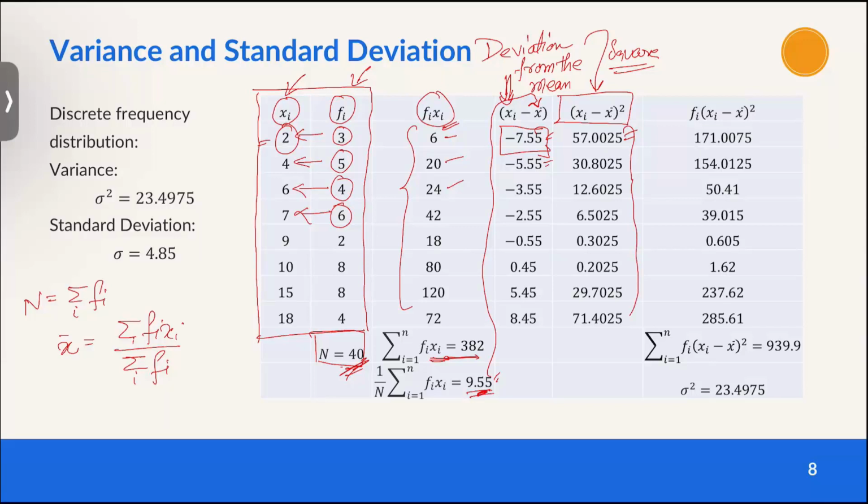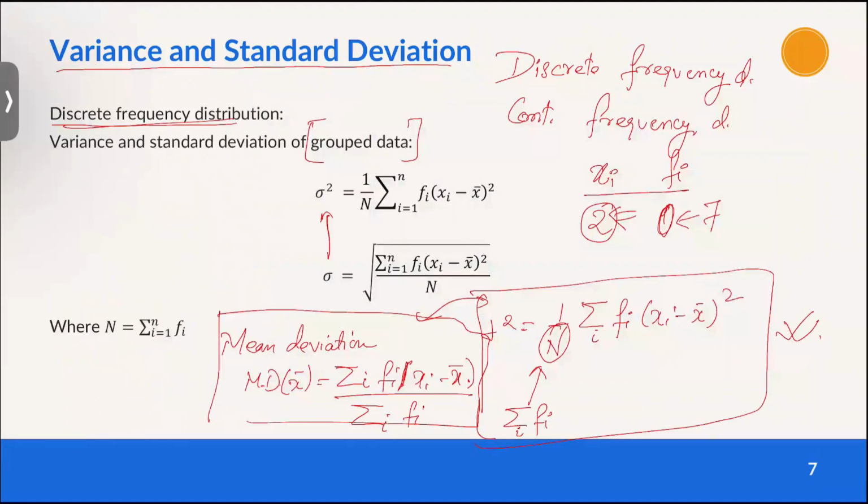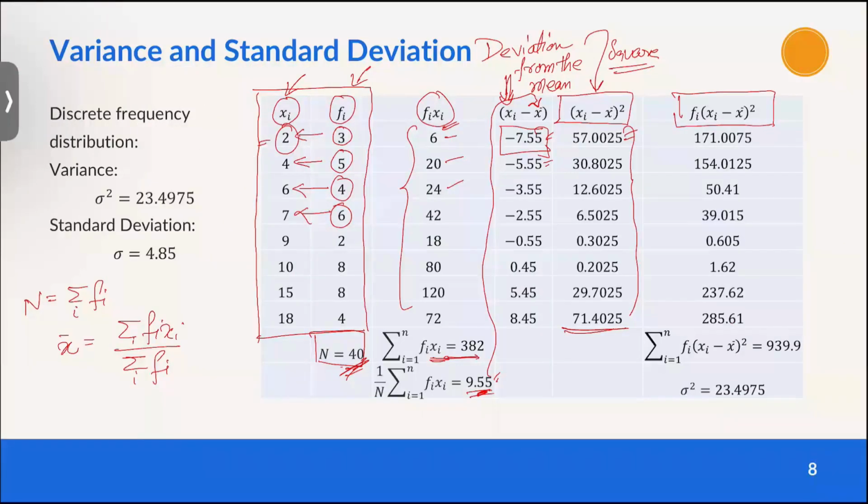Now we will not sum this up because it is not ungrouped data. It is grouped data. So we'll multiply fi with the square of deviations. So what will we get? We will multiply this with this. Okay. So we'll get this column. So 3 times this value is this, 5 times this value is this, 4 times this value is this, 6 times this value is this, 2 times this value is this, and so on.